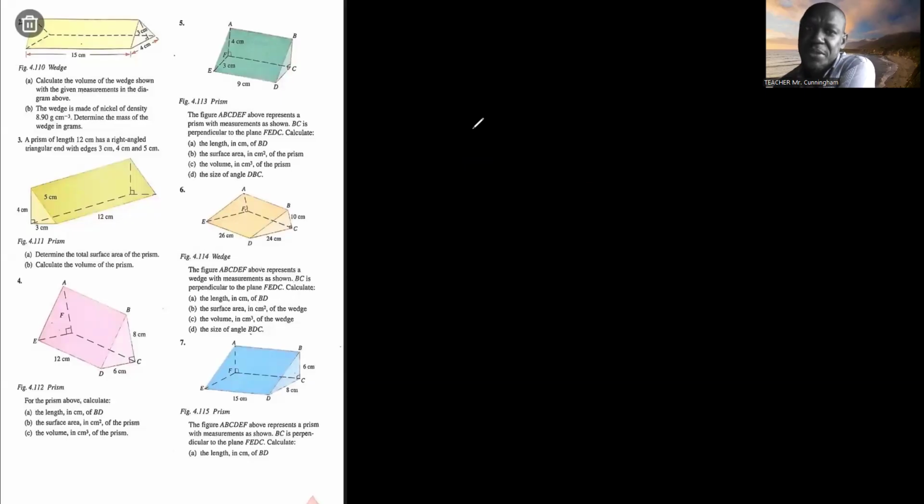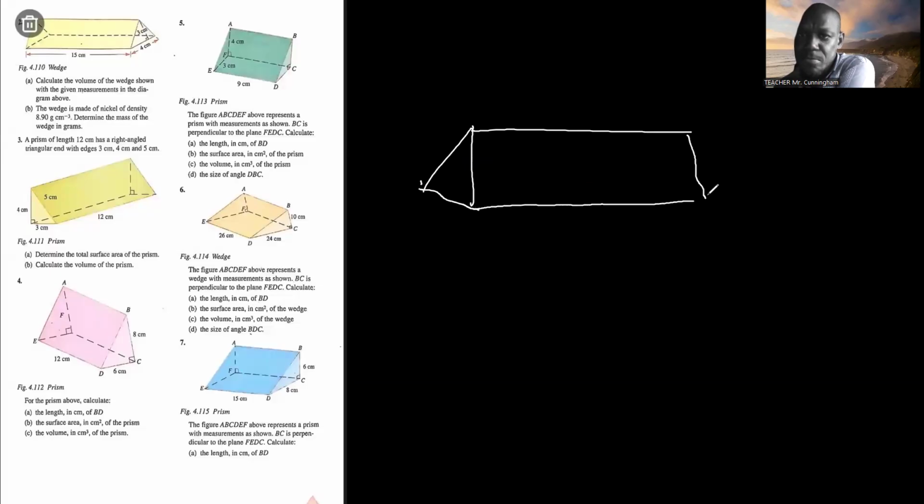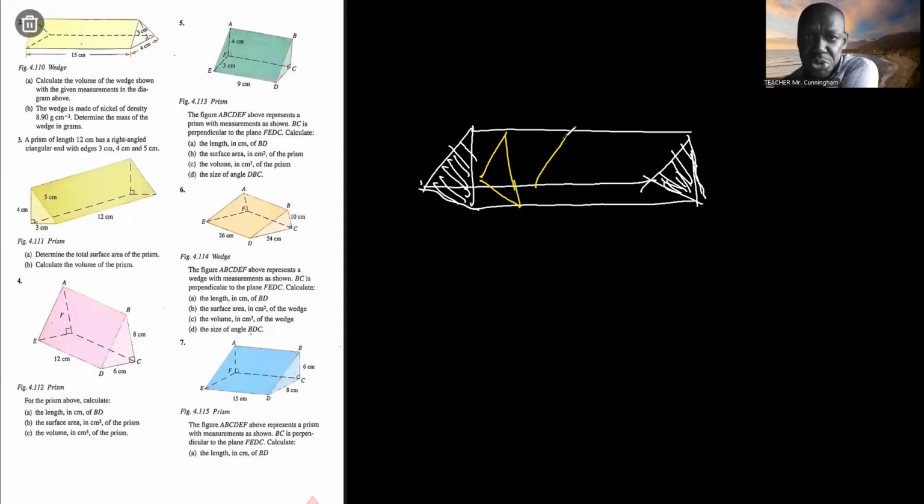For example, Kiara, the first thing we did was a triangular prism, where the shape went straight through. You have the triangle at one end, and it's the same triangle at the other end, and it's the same shape that passes right through the structure.